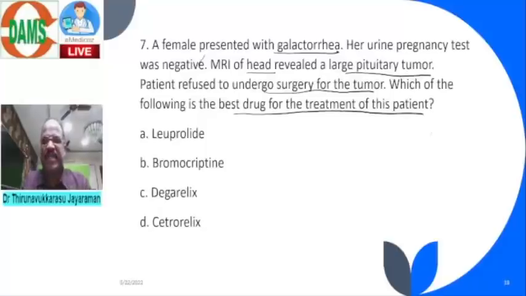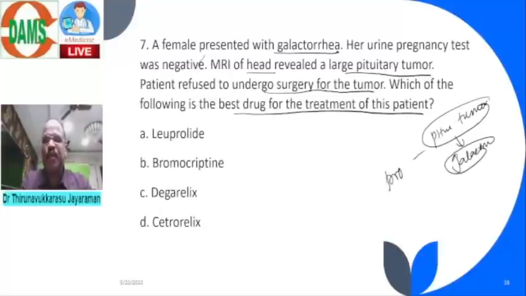See, the patient is having a pituitary tumor and the problem of galactorrhea. That means the patient has prolactinoma. The patient is refusing to undergo surgery. Now, to control the galactorrhea, what can be done? Before seeing the options, you should come up with the answer.